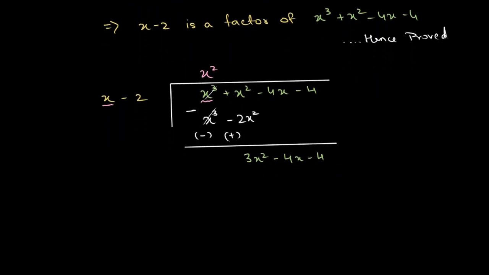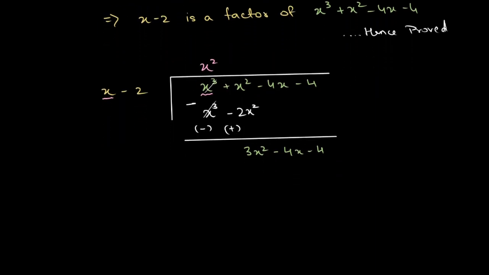Again dividing the highest powers, we have 3x squared divided by x, which will give me plus 3x. Multiplying the quotient value, 3x into x minus 2, so 3x into x gives me 3x squared, 3x into minus 2 makes it minus 6x.